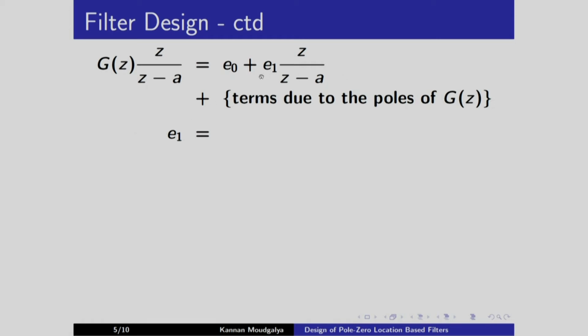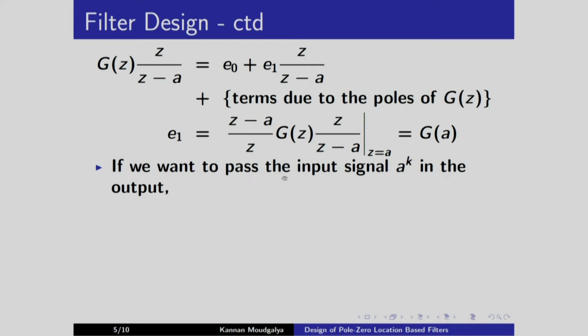Not all the unknowns, we can find E1 alone, for example. To find E1, multiply both sides by z minus a by z and let z equals a, which is what I have done. And notice that the third term cancels the first term, we get g of z evaluated at z equals a, so it becomes g of a.